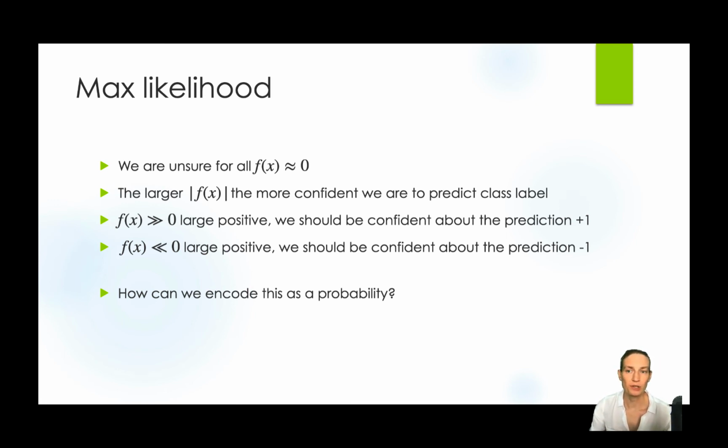Okay. Now this does mean that we're sort of unsure of all f(x) that are around 0. The larger the absolute value of f(x), the more confident we are that we're predicting the right class label. Okay. If f(x) is really large positive, we're very confident to predict class +1. If f(x) is very small, sorry, this should be large negative, we are very confident about prediction -1. Okay. Now, how can we encode this as a probability?